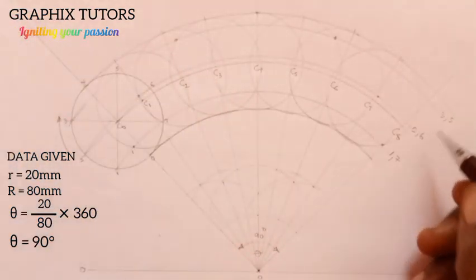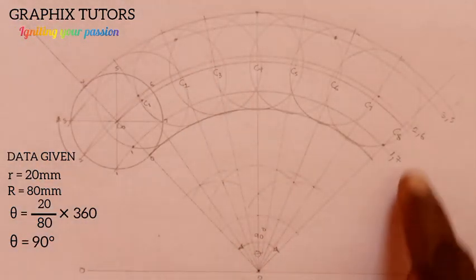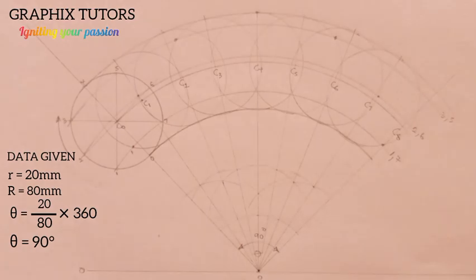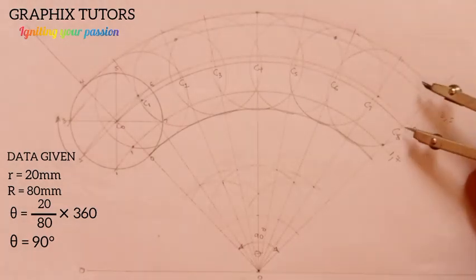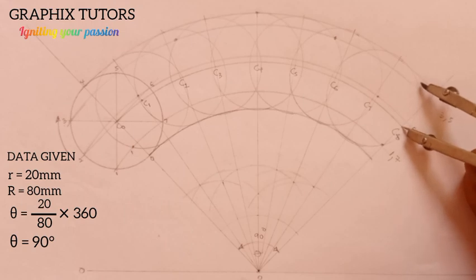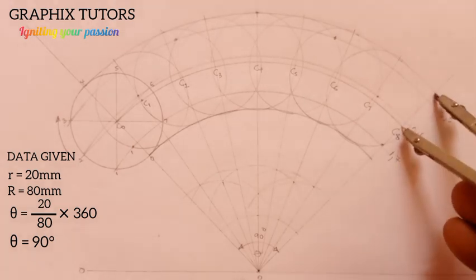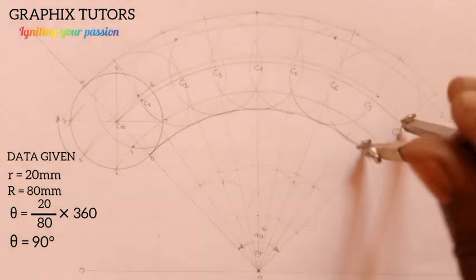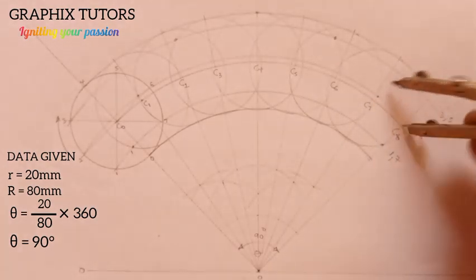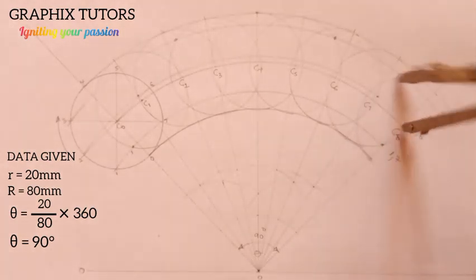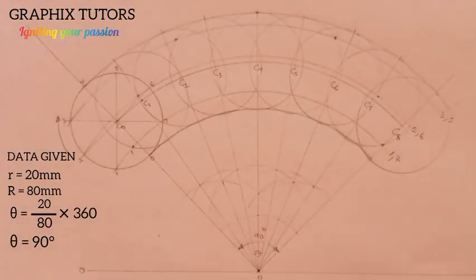Now one last one we've not done is 8 before that. So let's come to center 8. This is center 8 here. So I place it this way. I'm going to draw my center 8 from here. You can see that.